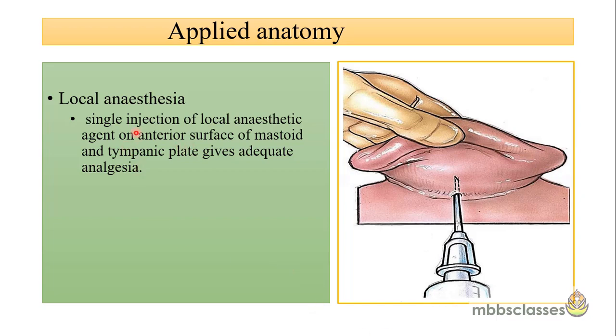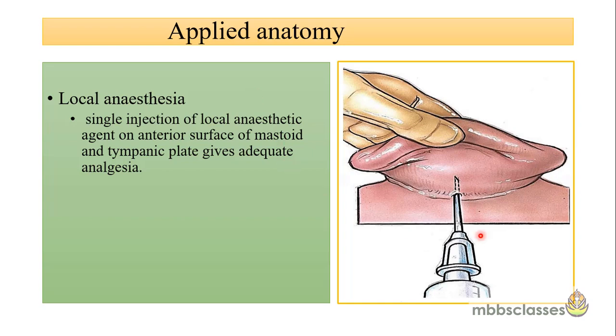Now, what is the importance of local anesthesia in relation to the tympanic membrane? If you remember, the posterior part of the tympanic membrane is supplied by the vagus nerve, that is the auricular branch of the vagus nerve, with a little contribution from the facial nerve.